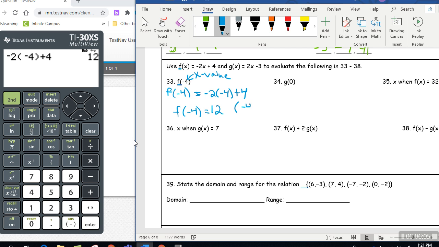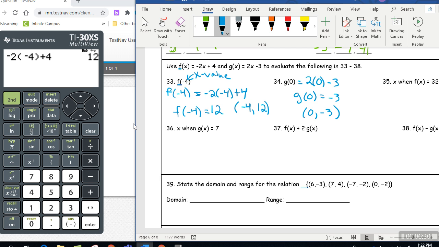The other way that you might see it written is like this. Okay. 34. G of 0 equals, so G of 0 is our input, so we get 2 times 0 minus 3. This one you shouldn't need a calculator. 2 times 0 is 0, so we're left with -3.